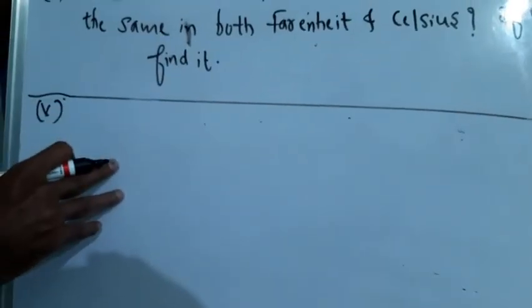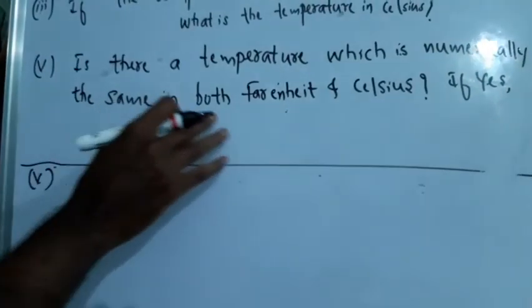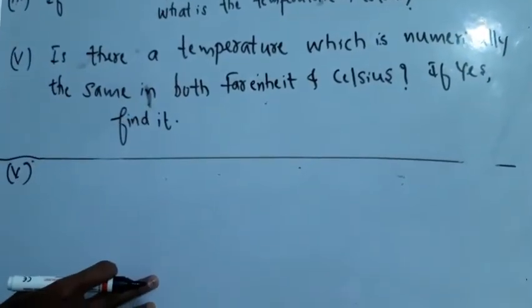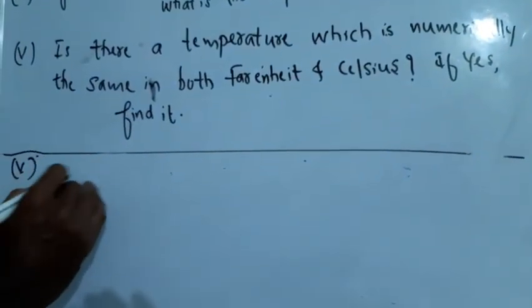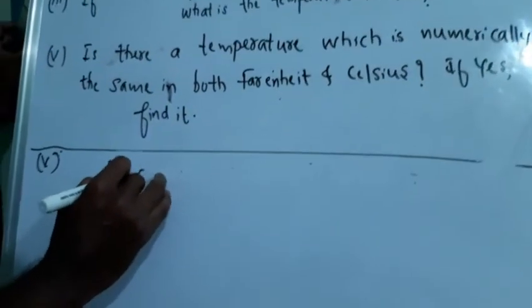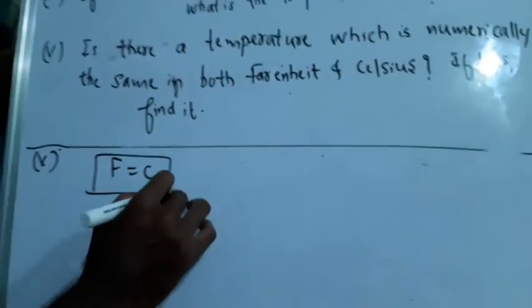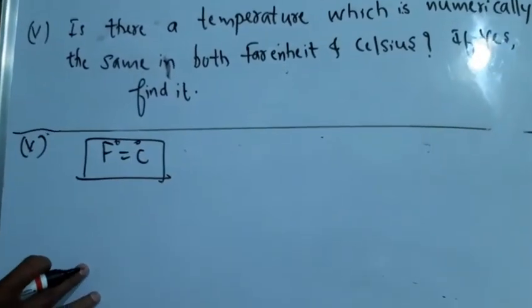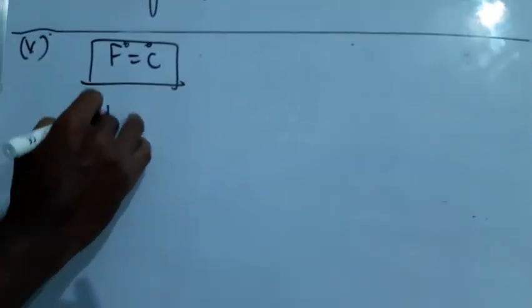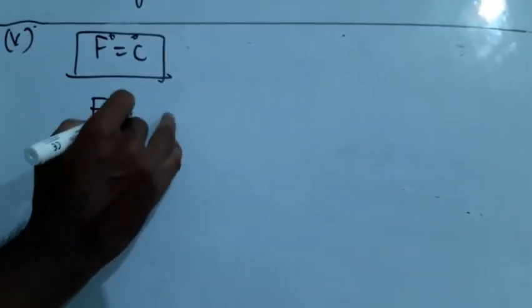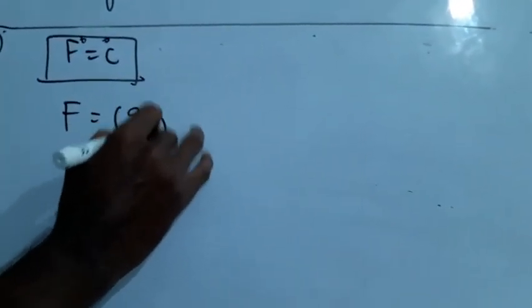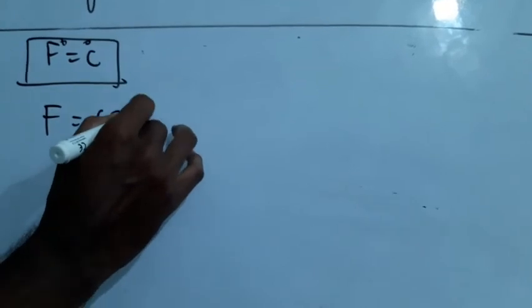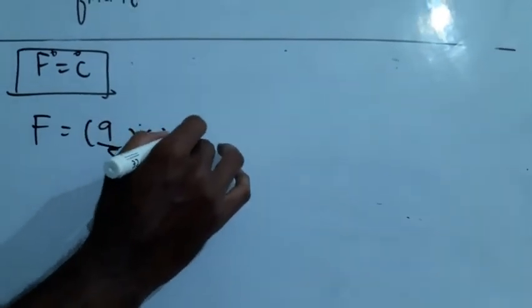Is there a temperature which is numerically the same in both Fahrenheit and Celsius? If yes, find it. The condition here is F is equal to C. We need to find the temperature at which both will be equal. Now, what is the equation? F is equal to 9 by 5 into C plus 32.